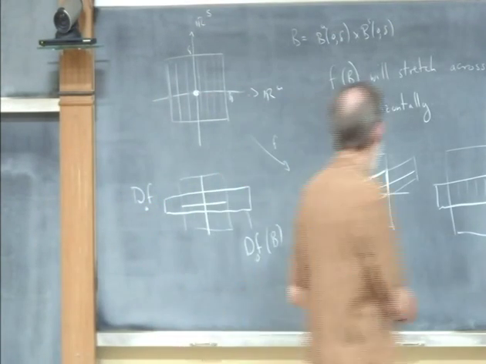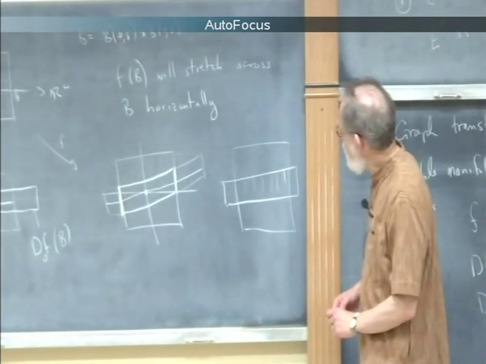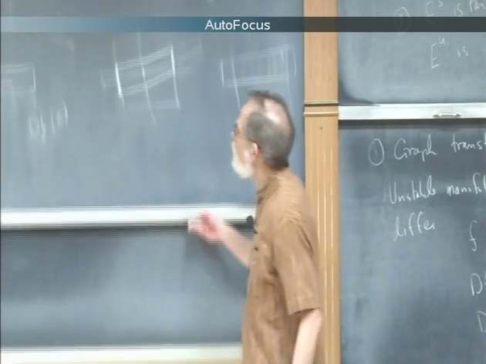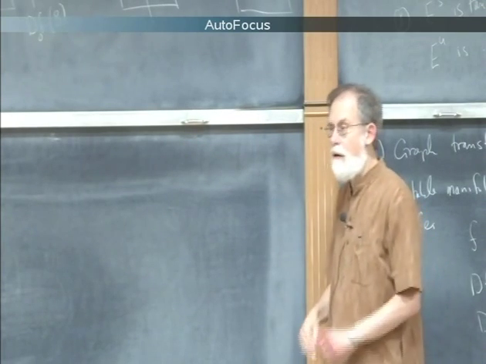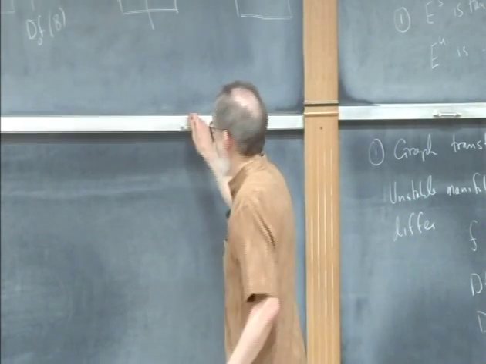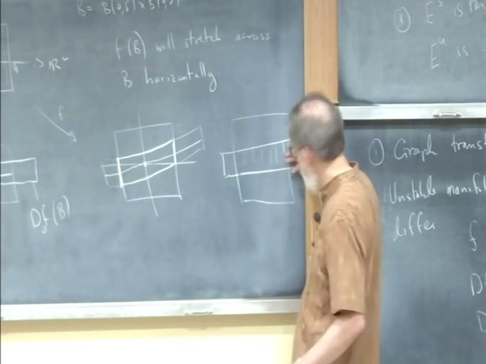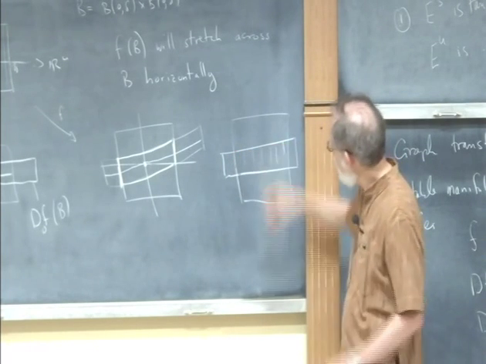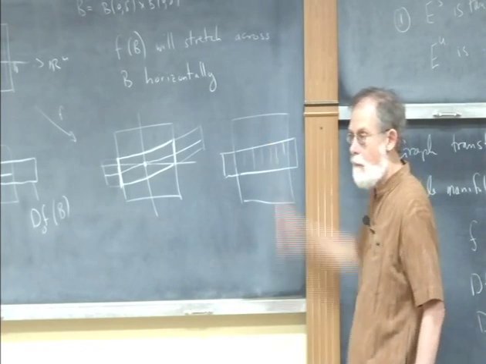And the idea is that the non-linear map copies this behaviour well enough that as we keep doing it, we're going to always get, so you want to make some kind of inductive argument that says that after you've iterated n times, you have a sort of strip that stretches all the way across B in the horizontal direction, and that the vertical thickness of the strip is shrinking exponentially.